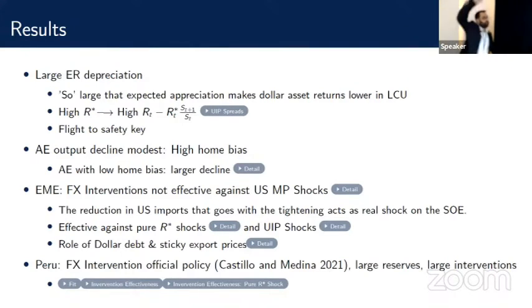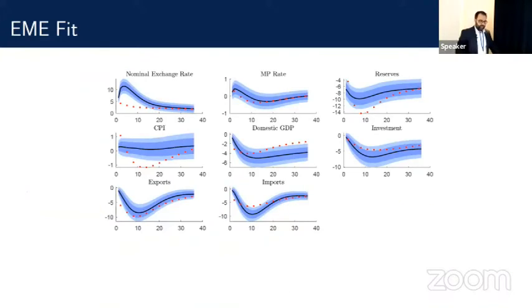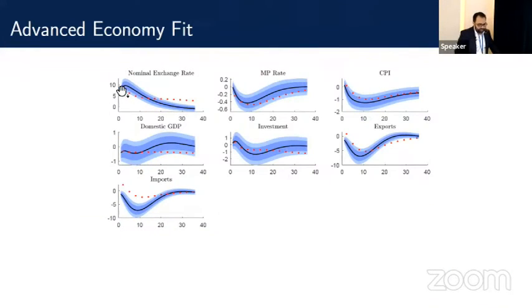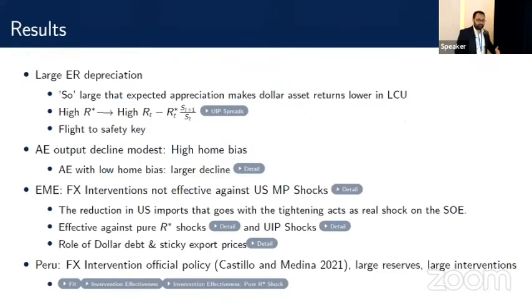The exchange rate depreciates so much, then you expect that the local currency is going to appreciate, which makes actual dollar returns lower. So in a sense, high R star implies low returns for the dollar. And the only way to solve this was to add this flight to safety assumption, this mechanism.